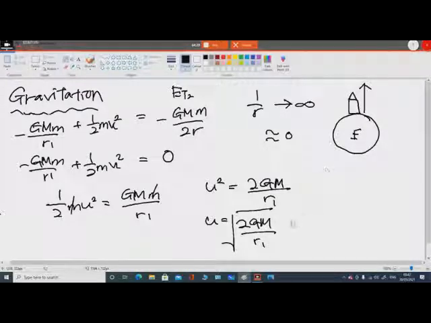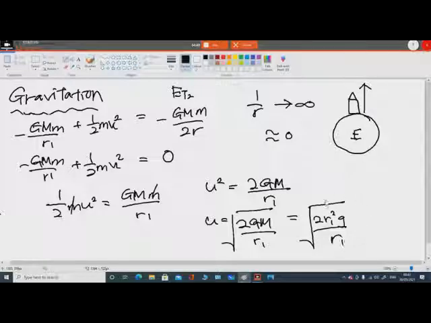We know that GM is R squared g, so R1 squared g. This R1 is the initial distance between the rocket and the earth.